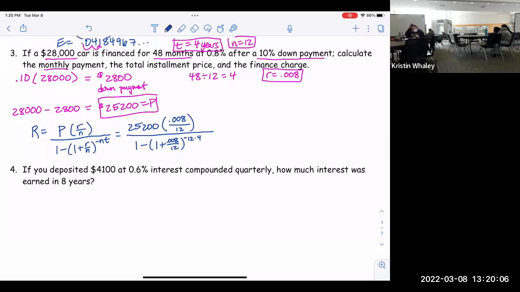Or if you didn't do negative 12 times 4, you could say we knew it was 48 payments, and just say negative 48 there. That's fine. Any questions to this point, just on how we're getting any of these values or where we put them in the formula? It's good.